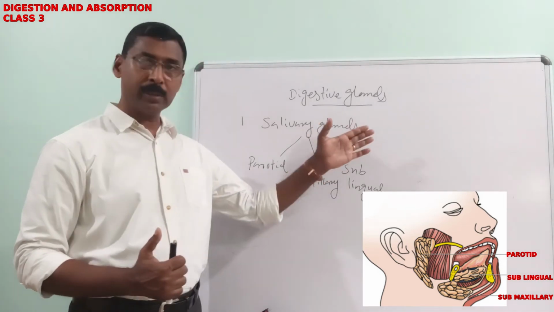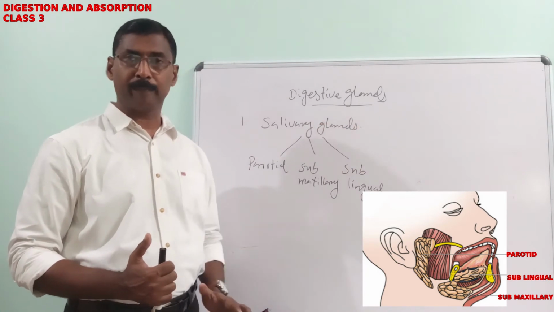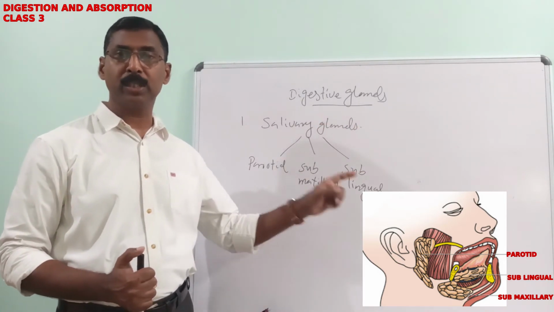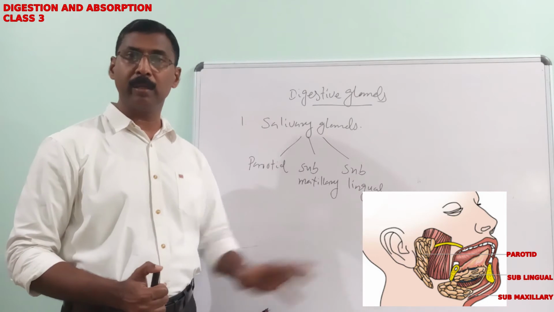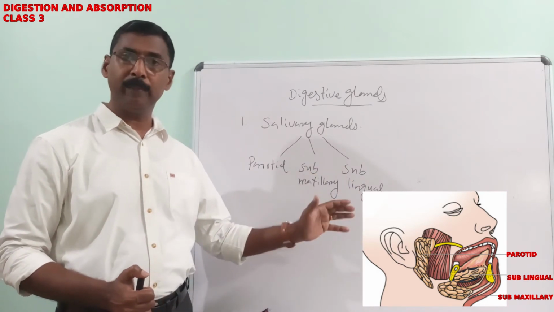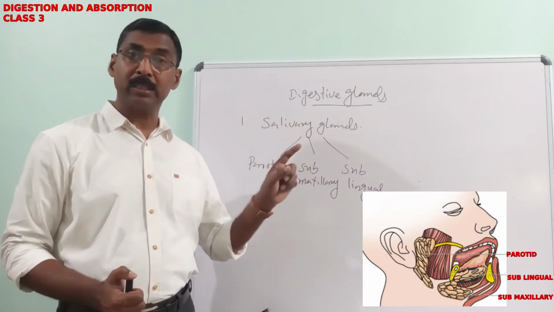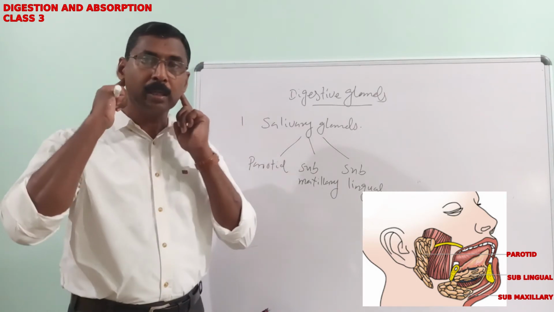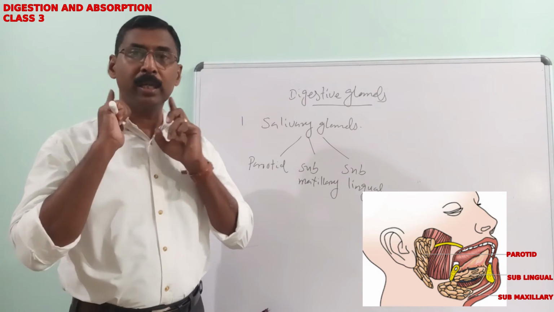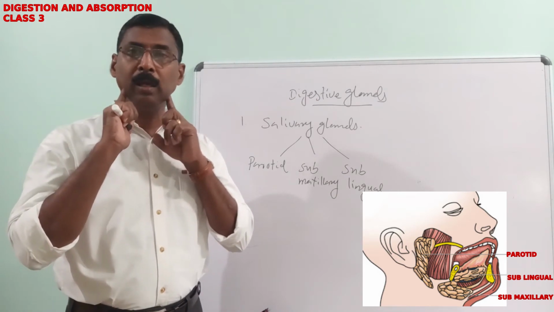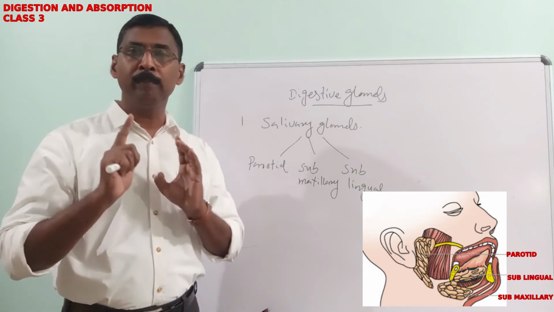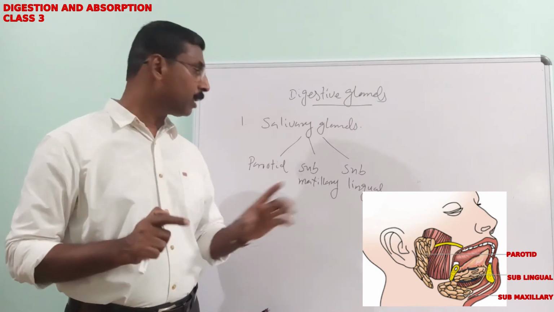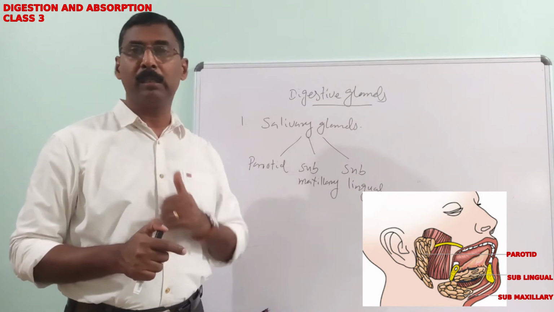So the picture showing the position of salivary glands is given here. You can see the picture and understand the position of these glands. So parotid glands are situated here, submaxillary glands are situated here below the lower jawbone, and sublingual glands are present below the tongue.